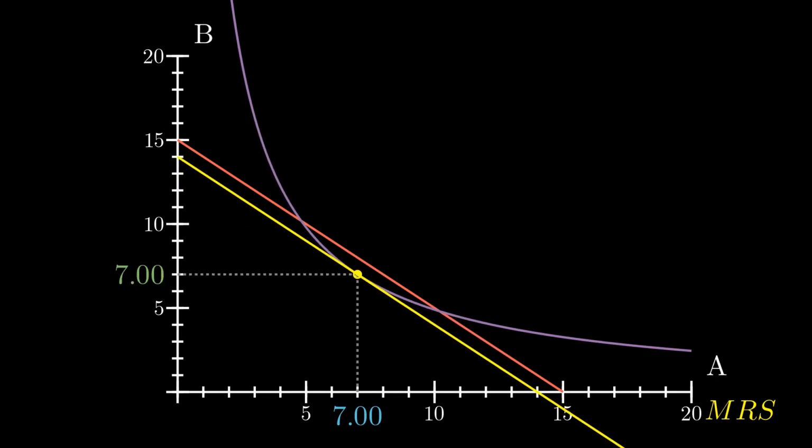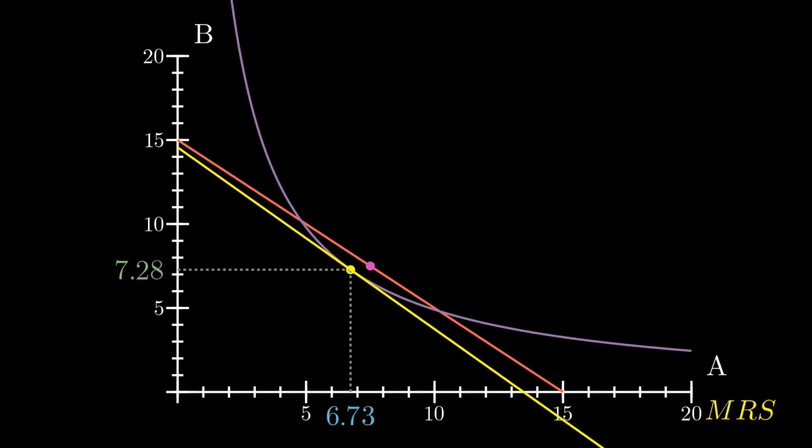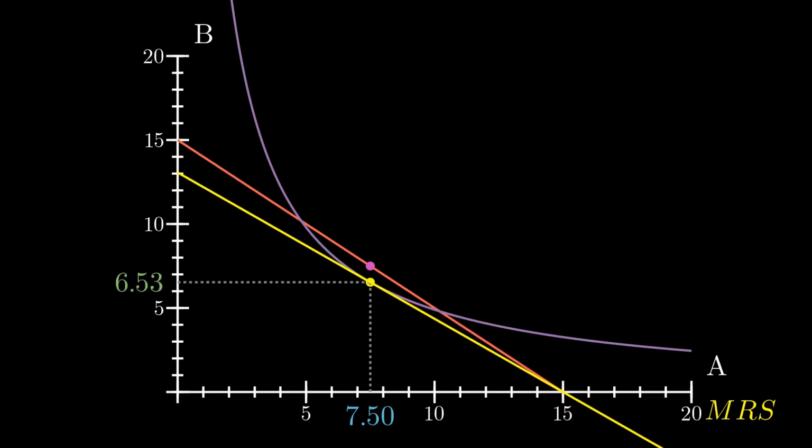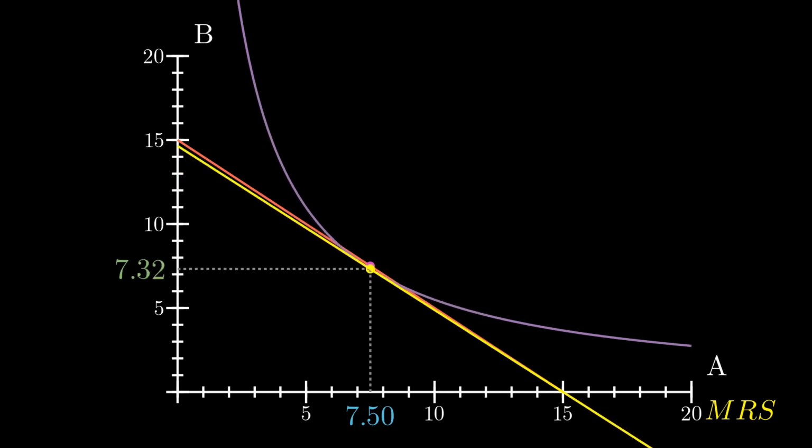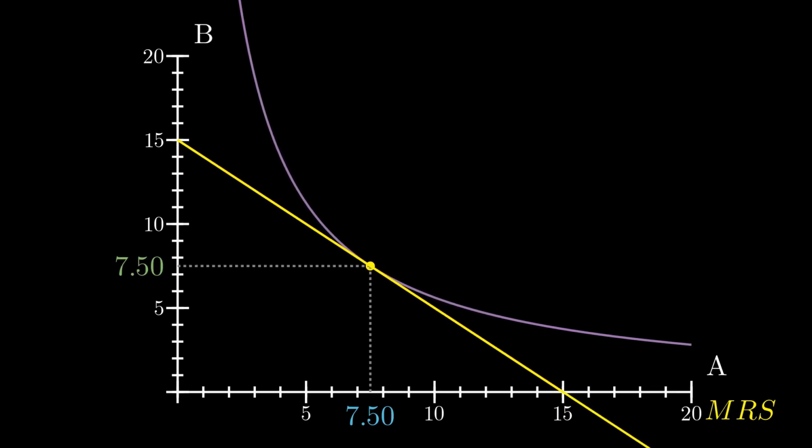At some point though, we run out of space for new preferred points in the choice set and wiggle room for the marginal rate of substitution. And all we're left with is one point at the tangency between the budget constraint and the indifference curve. And this point happens when the marginal rate of substitution is equal to the marginal rate of transformation and the budget constraint is fully satisfied, when we have full expenditure.